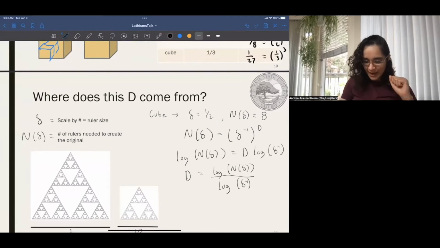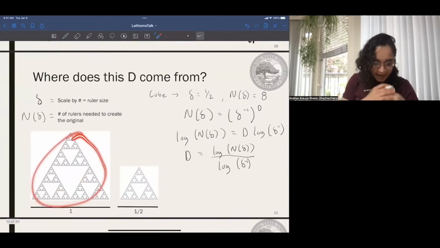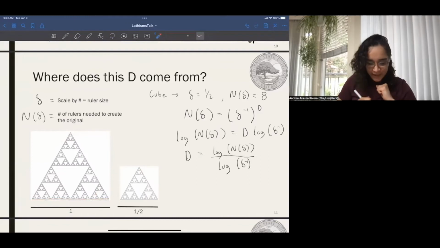So let's think about what happens when I do this delta, n of delta calculation for something like the Sierpinski gasket. Okay, so let's see where that log 3 over log 2 came from. So if we take our Sierpinski gasket, which originally has this length of size 1, and we scale it by 1/2, okay, scaled here.